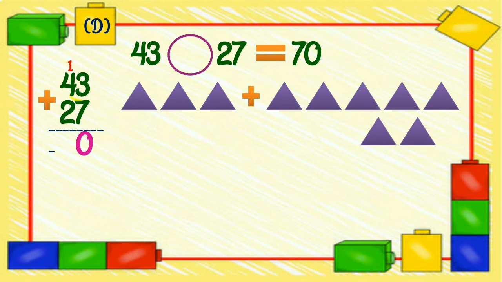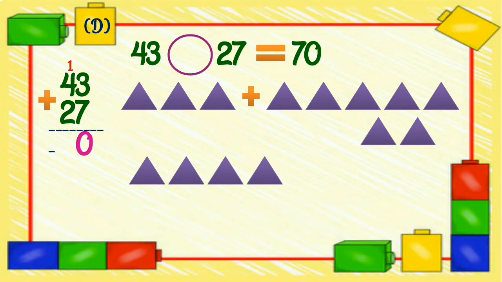So now we take 5 triangles: 1, 2, 3, 4 and 5. Plus 2, so now add 2 plus 1 and 2.